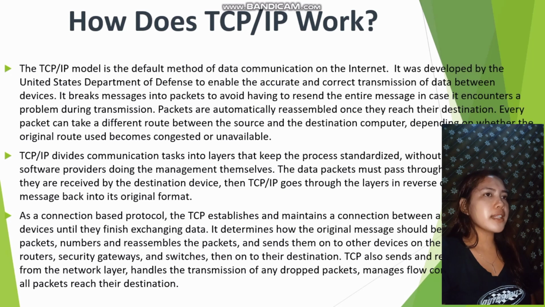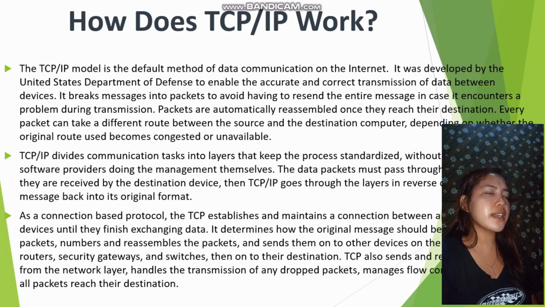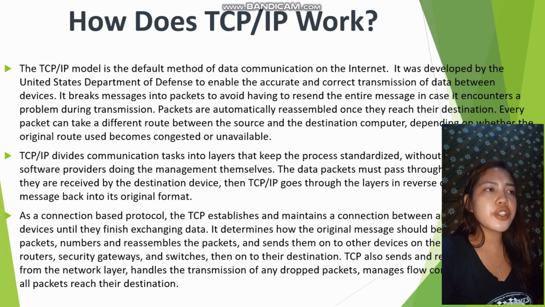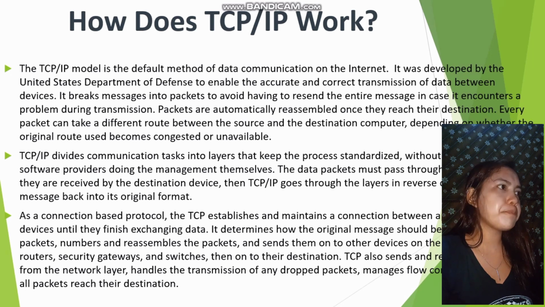The data packets must pass through 4 layers before they are received by the destination device. Then, TCP/IP goes through the layers in reverse order to put the message back into its original format.